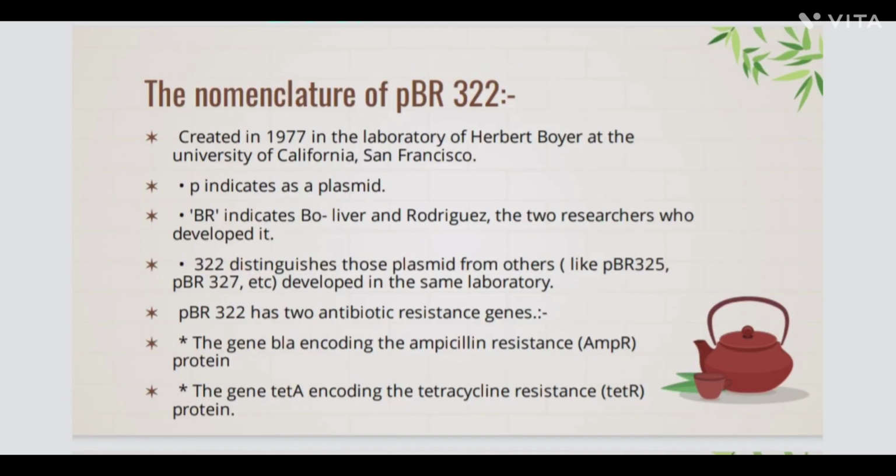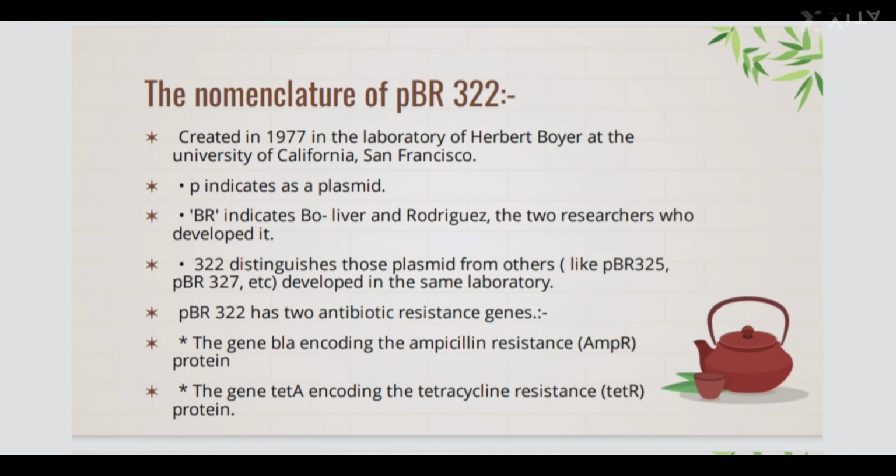The nomenclature of pBR322: why this name is chosen. It was created in 1977 in the laboratory of Herbert Boyer at the University of California, San Francisco. p indicates plasmid. BR indicates Bolivar and Rodriguez, the two researchers who developed it. 322 distinguishes this plasmid from others developed in the same laboratory. pBR322 has two antibiotic resistance genes.